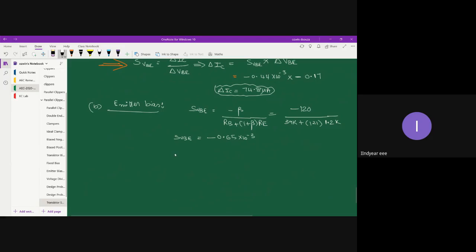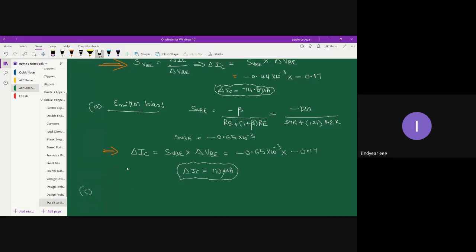Knowing SVB enables you to find the change in collector current IC, that is SVB into delta VBE as discussed in the previous case. So minus 0.65 milli into minus 0.17. Delta IC you will get as 110 microamperes. So that's the change in collector current.